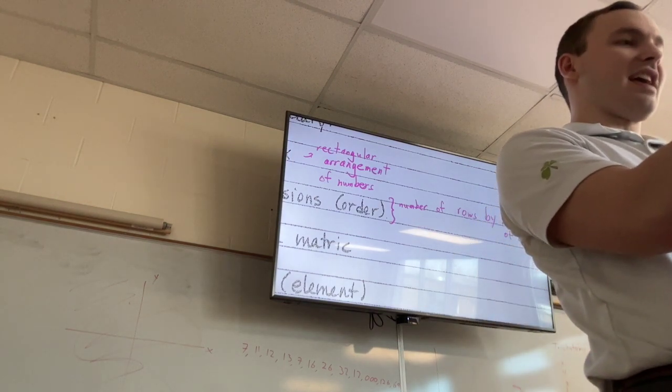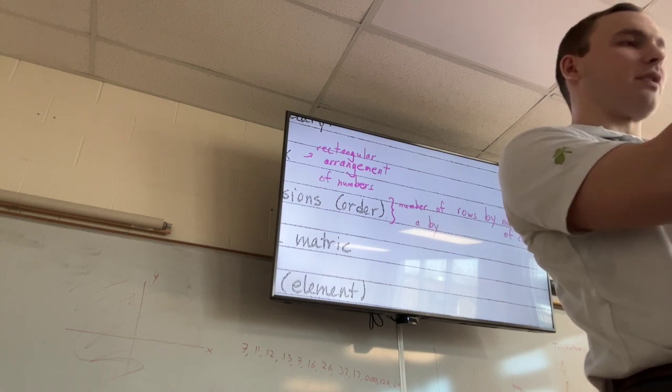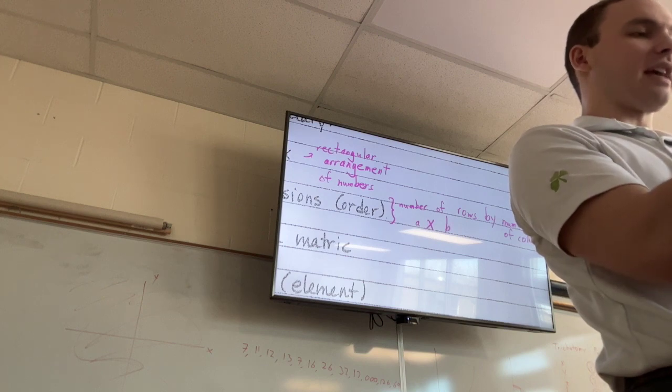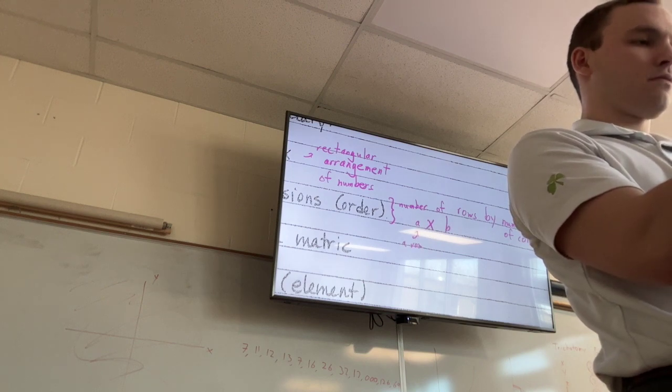So an A by B matrix, or you'll see it written A x B matrix, means it has A rows and B columns.